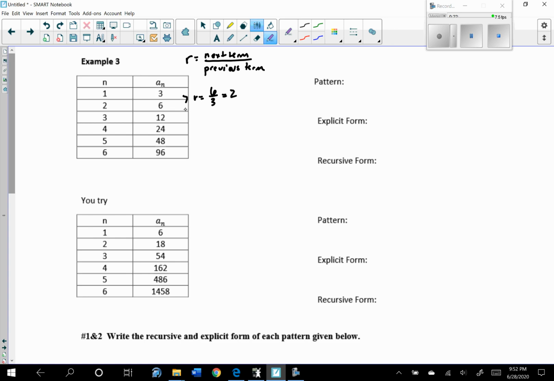And for this one, we would divide 12 over 6, which is also 2. 24 over 12 equals 2. 48 over 24 equals 2. And 96 divided by 48 also equals 2. That means this is exponential.